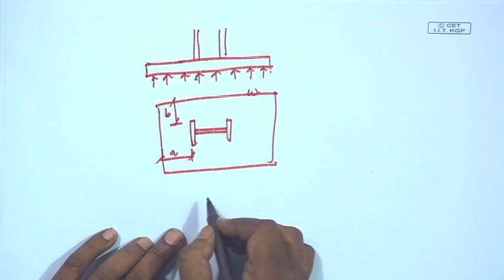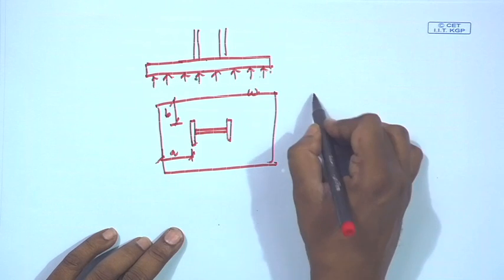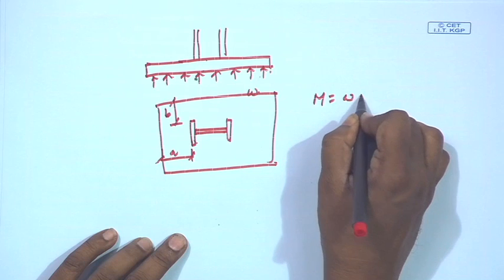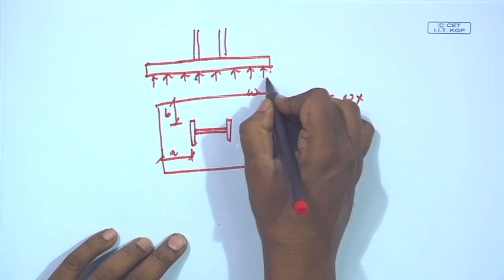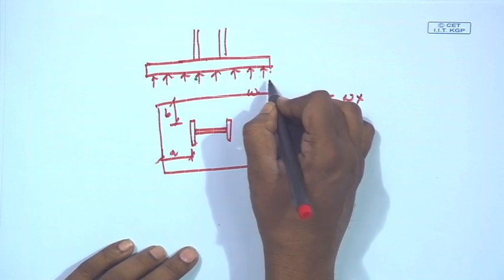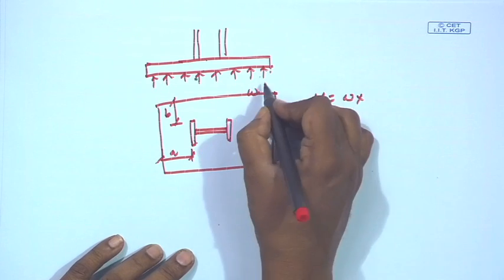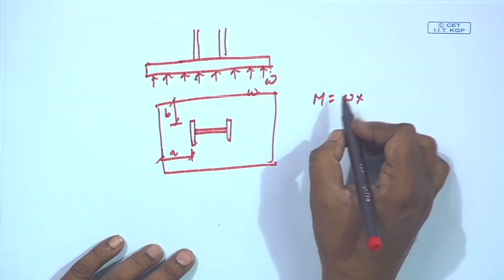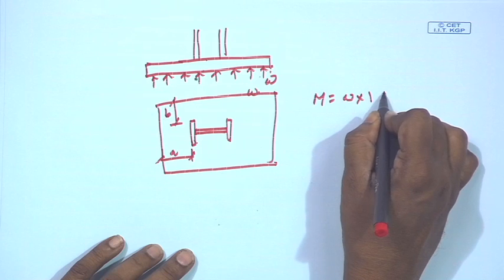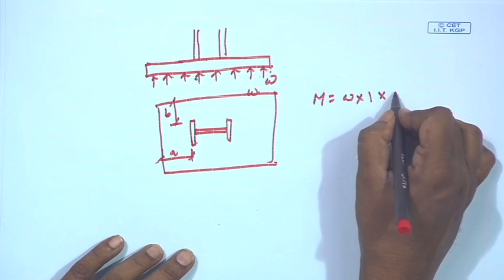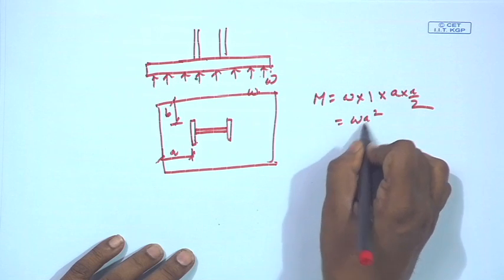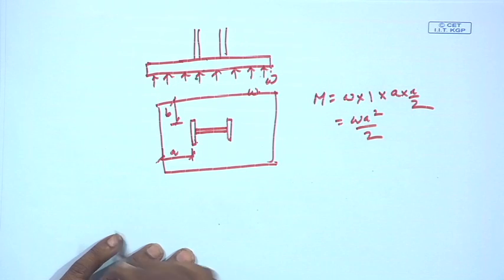So, maximum bending moment along x axis, we can consider that W is the unit pressure from the concrete, okay, W. So, bending moment we can find out W into 1 into A by 2, per unit length. Okay. So, W a square by 2 along x axis.